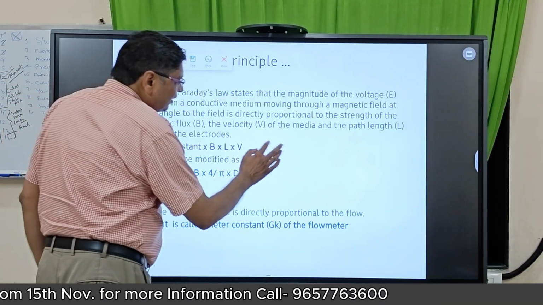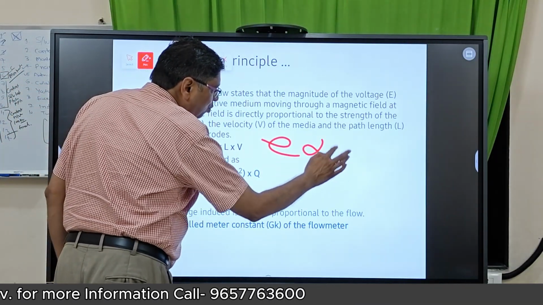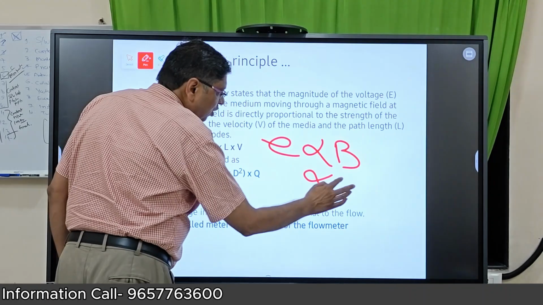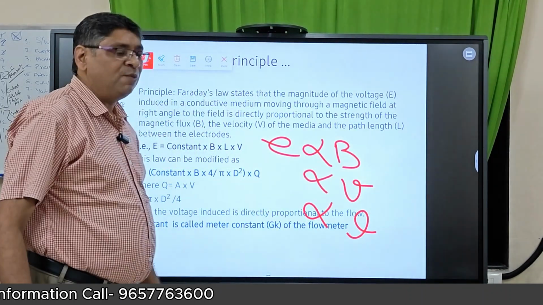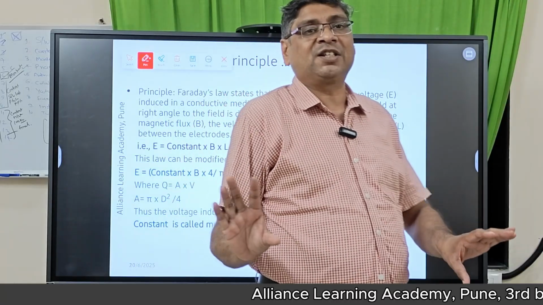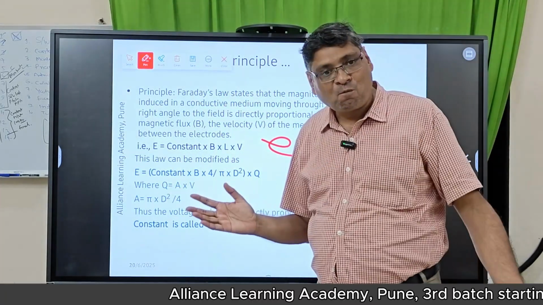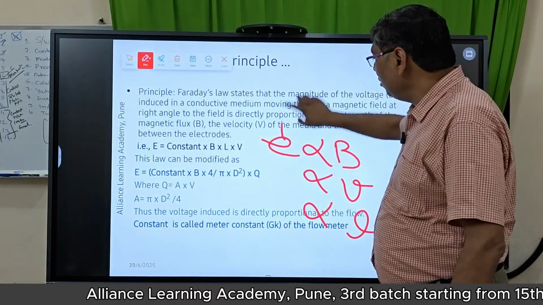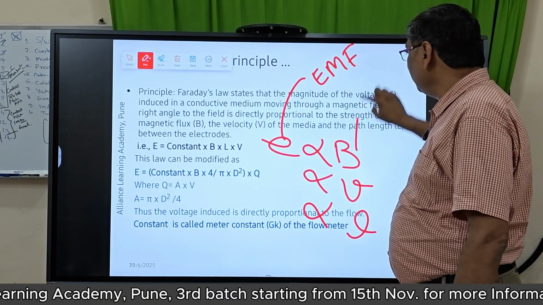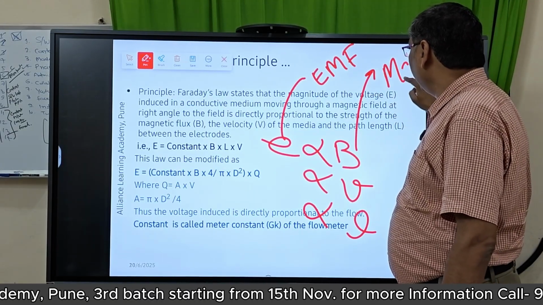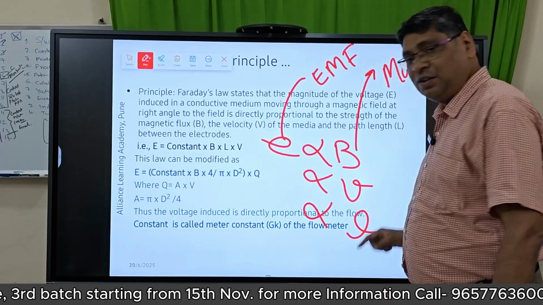What this law says: E is proportional to B, proportional to V, proportional to L. Now what is B, what is V, what is L, that we will discuss. And what is E? E means EMF. B means the magnetic field.